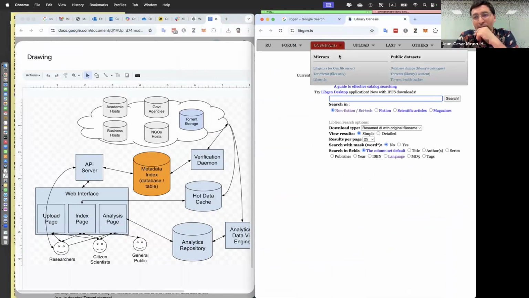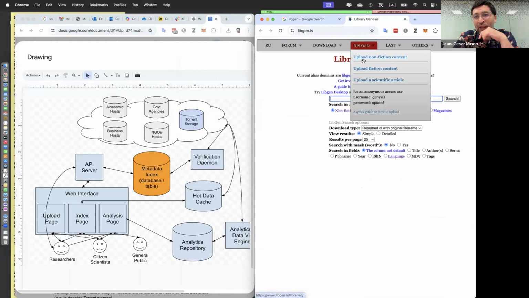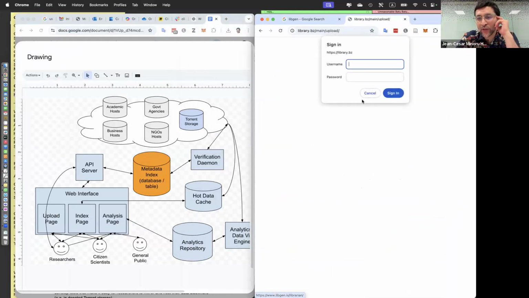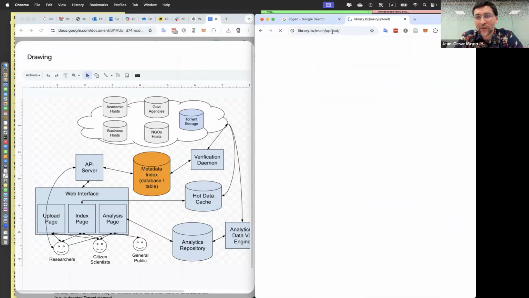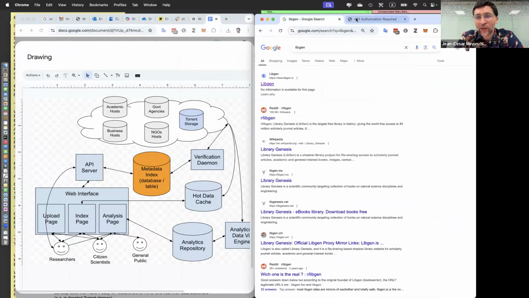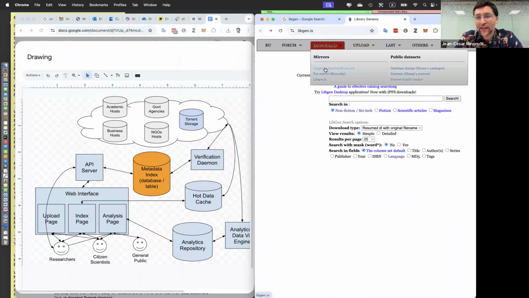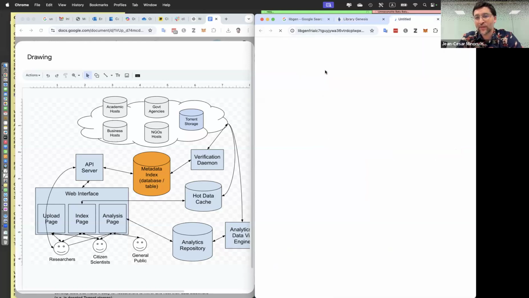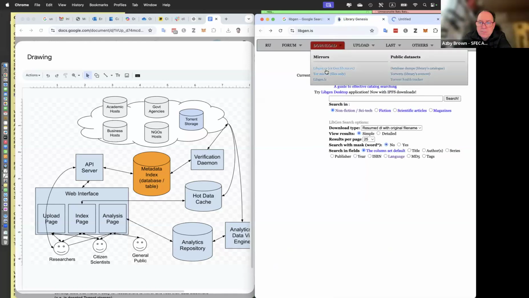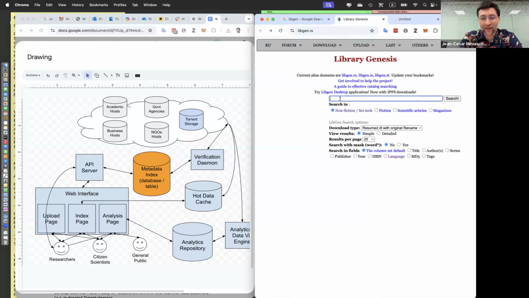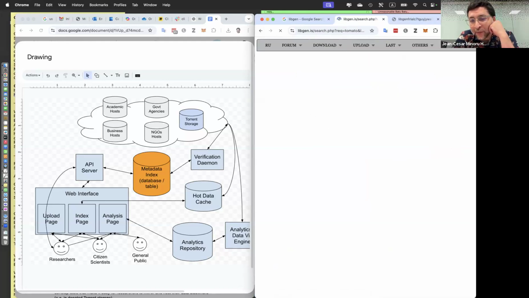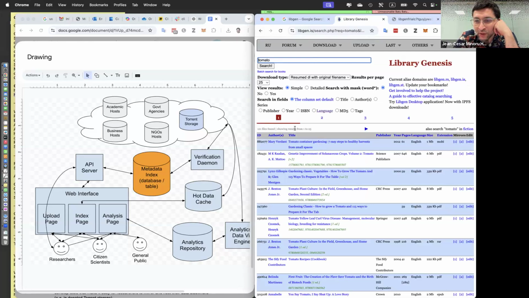What we're comparing this with is, for example, books. This is not a good example, but we can go onto, for example, LibGen, and you can download lots of PDFs. Just do a search for any book, like tomato. So this is also just metadata.